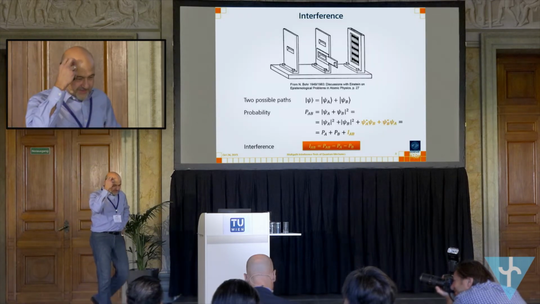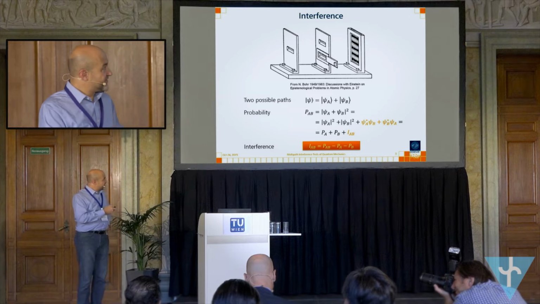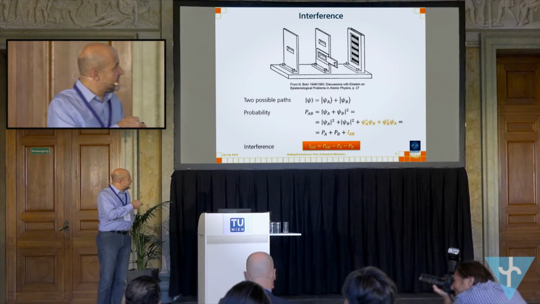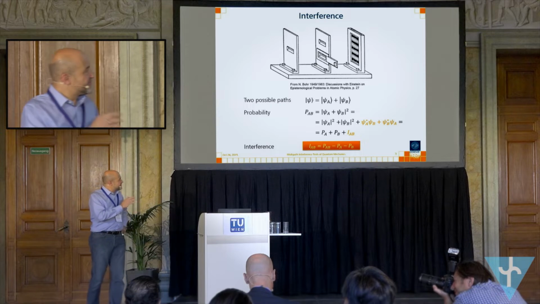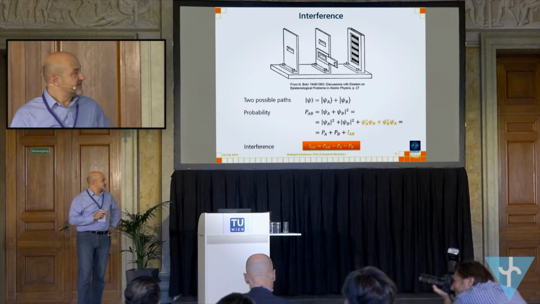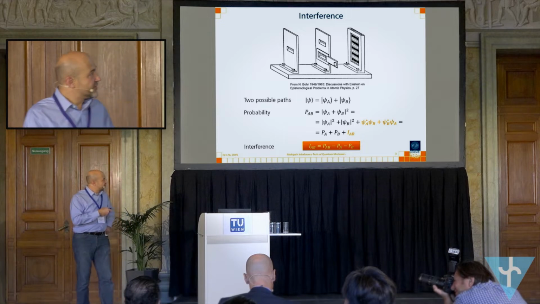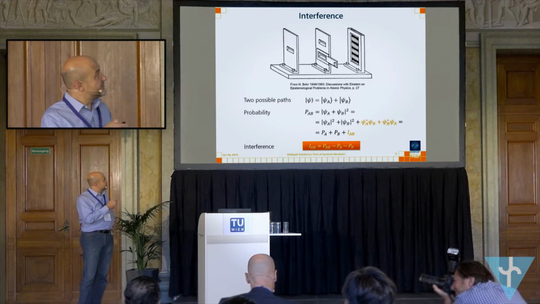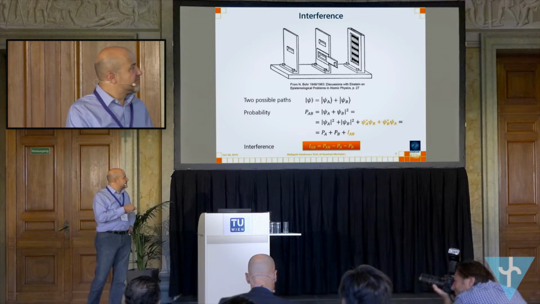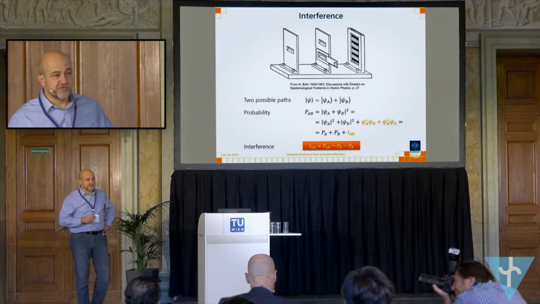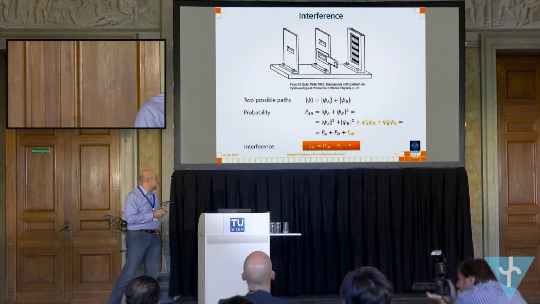All right, just a very quick recap. You all know about interference, and I don't want to go through any of the algebra here, but I just want to say that for the purpose of this talk, I'm going to define interference as the difference between what you see for, say, 2 slits minus what you see for each slit on a particular point on the screen or at the output of an interferometer, whatever your system is.